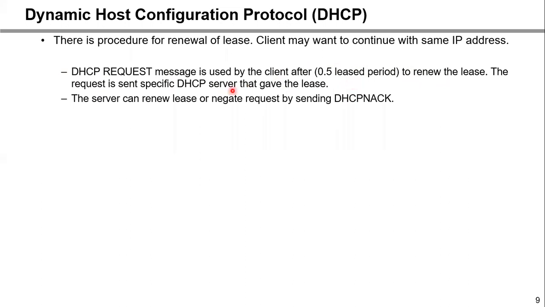If the server is accepting that, if the server has that pool available IP address, then the server extends that lease. Or if there are some machines waiting for IP addresses, and there are requests at the server from machines waiting for IP address assignment, then the server sends the negative acknowledgement, DHCP NAK.